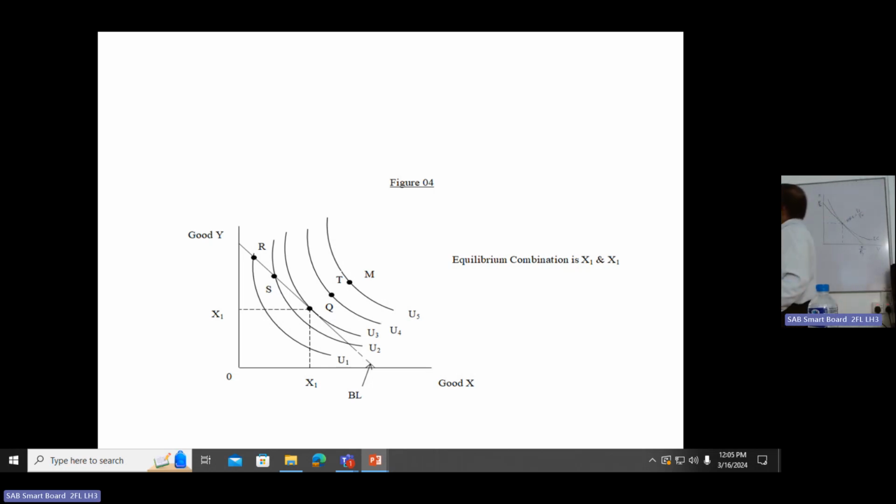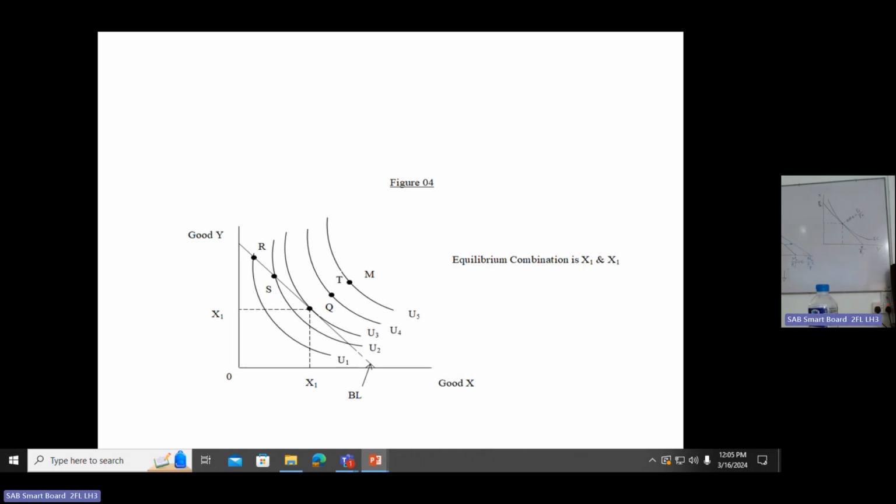Now you can see here in the indifference map, we have different indifference curves, different combinations, and the maximum preferred choice. But at a particular point we find the equilibrium. That is the tangent point of the budget line and the indifference curve, giving the x1, x2 combination. So that is the equilibrium.